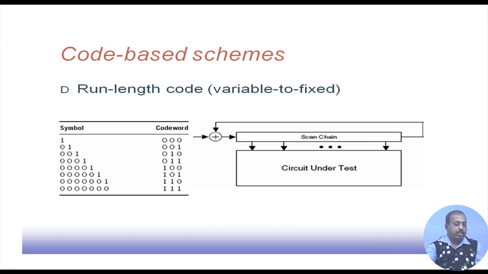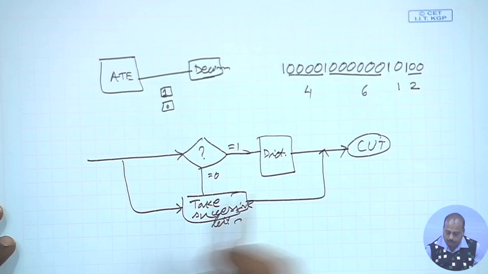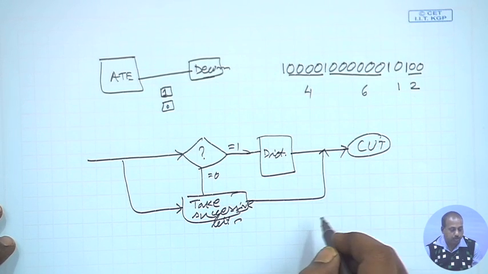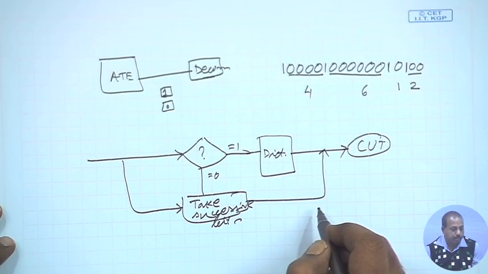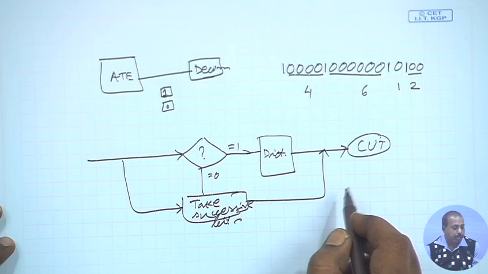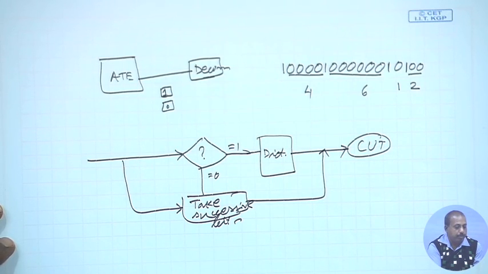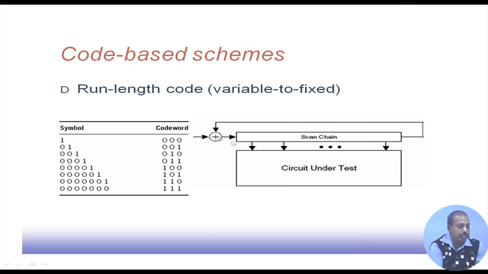Now, what happens is that many a times, while shifting the pattern, we see that the pattern is going to be same. Say this is the scan chain, and in the scan chain we already have some pattern.